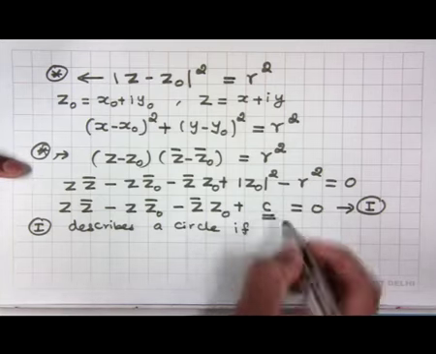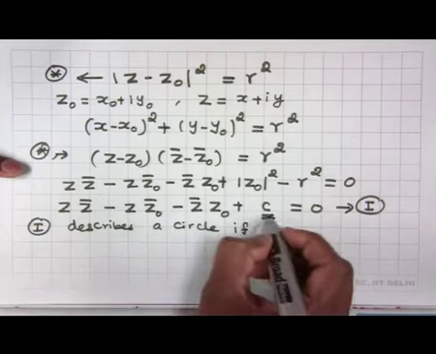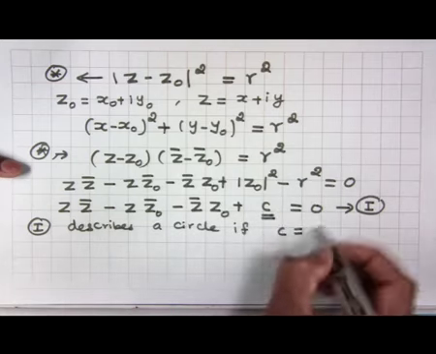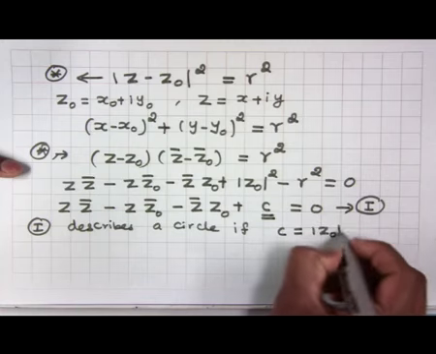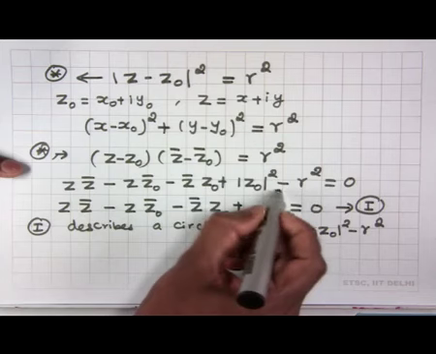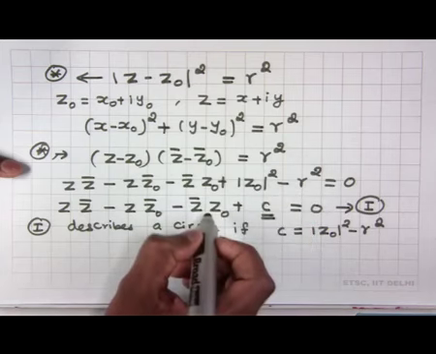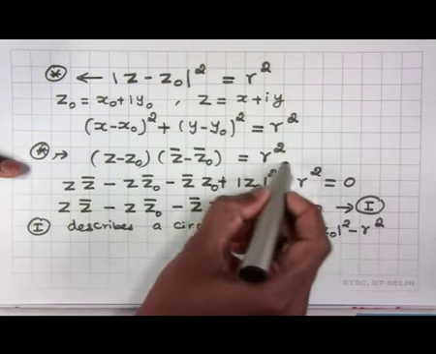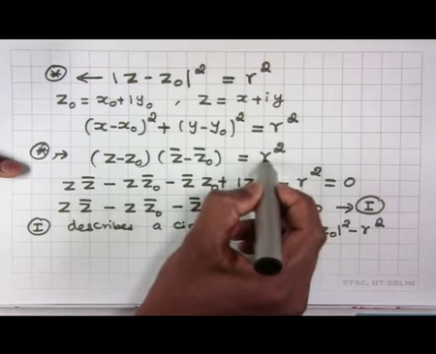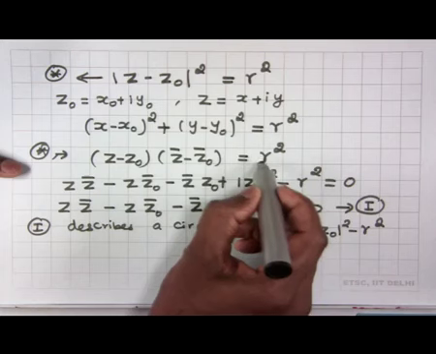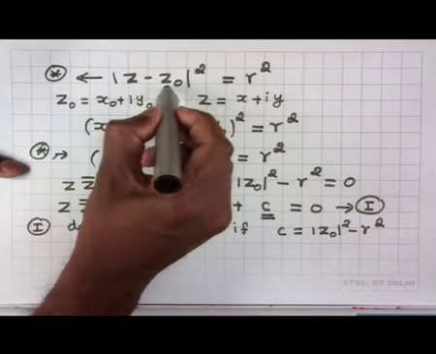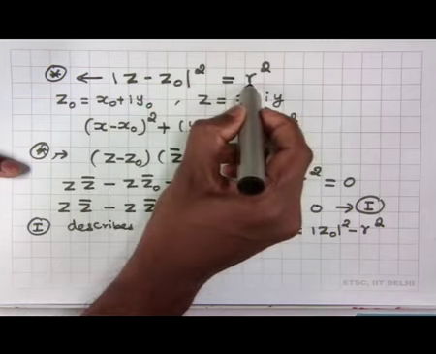We only need to focus on C. C is nothing but mod z naught square minus r square. Now just trace back: the term r square must be greater than 0. That is the only condition required to get the general circle with center z naught and radius r.